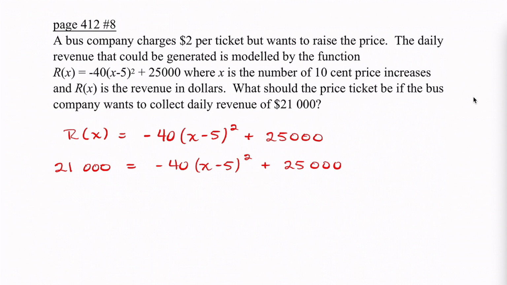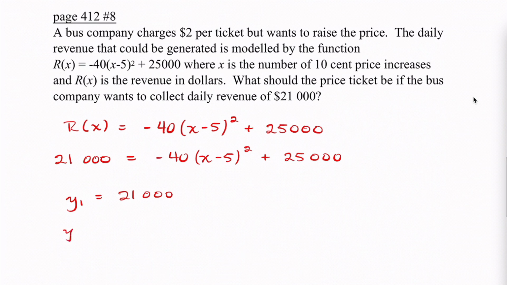So what we can do is in our calculator in y1, we're going to put the left side, so 21,000. And in our calculator in y2, we are going to put the right side of our equation.